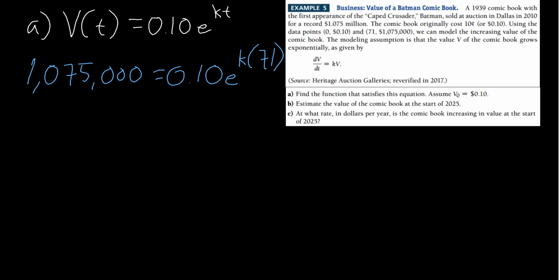Again, I'm looking at this data point here. So from here now I have to solve for k. We're going to divide both sides by 0.1. So we divide both sides by 0.1.